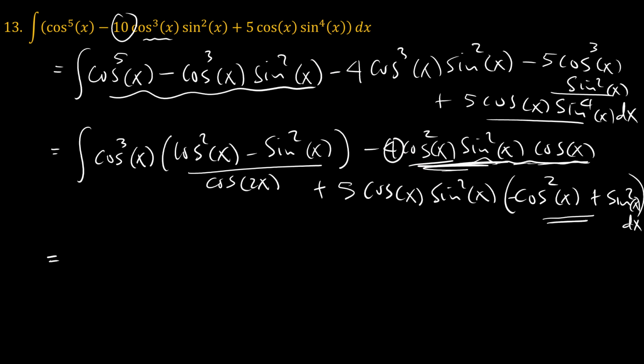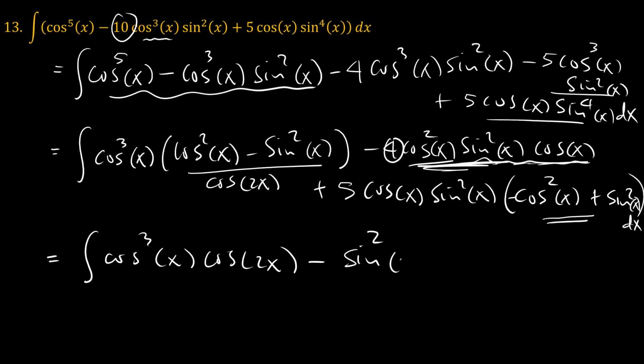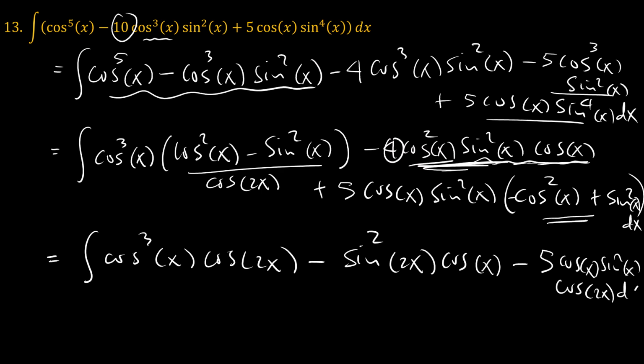So our problem now becomes cosine cube x times cosine of 2x minus sine squared 2x cosine of x minus 5 cosine of x sine squared of x times cosine of 2x. Okay, so we are making inroads there.